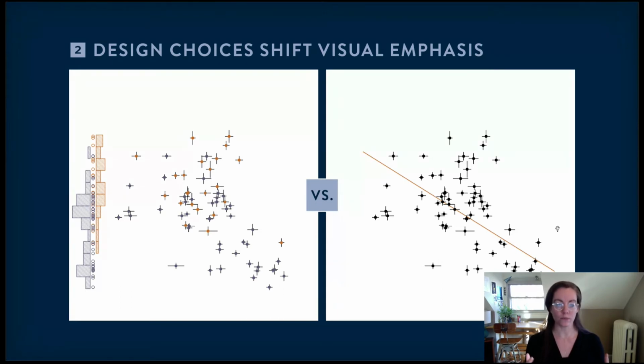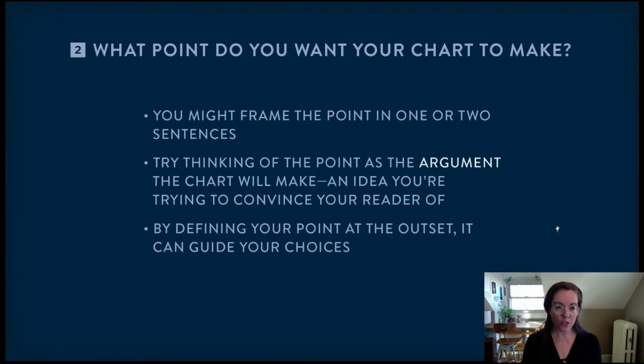Those are design choices, like whether the dots stay black, whether they get colored, that when you're making those decisions, you'll have a point of reference to return to and say, does this strengthen my point or not? So I recommend framing that point in a sentence or two, sort of like an elevator pitch.